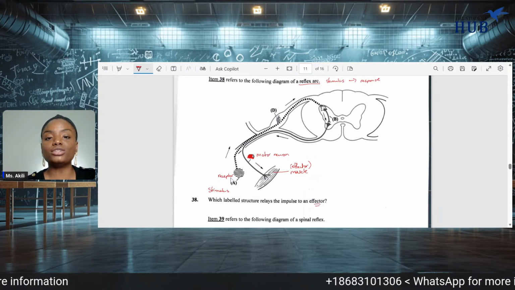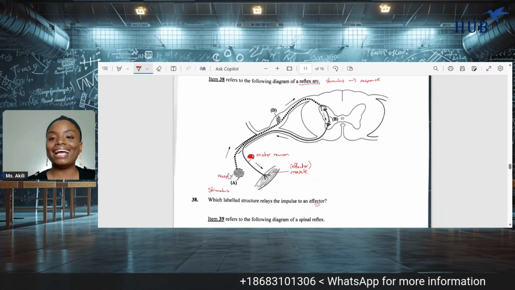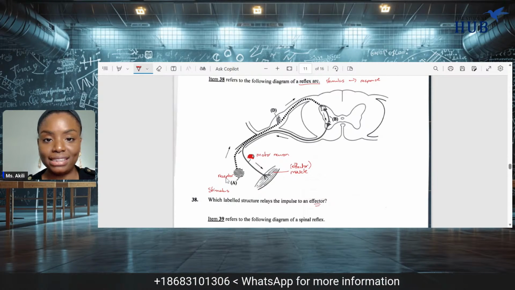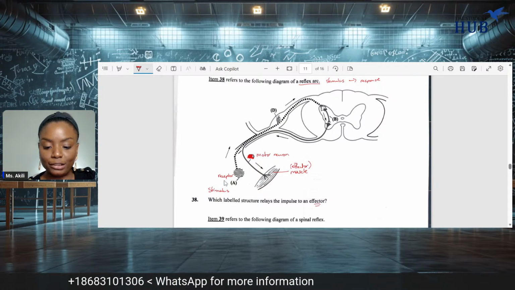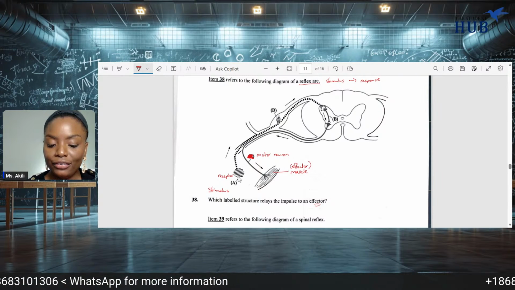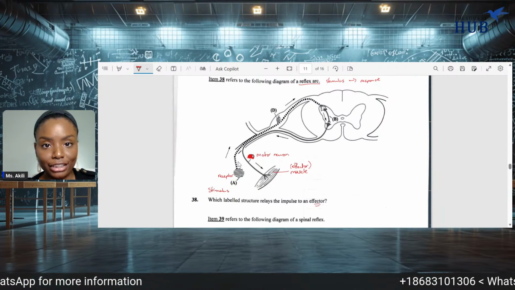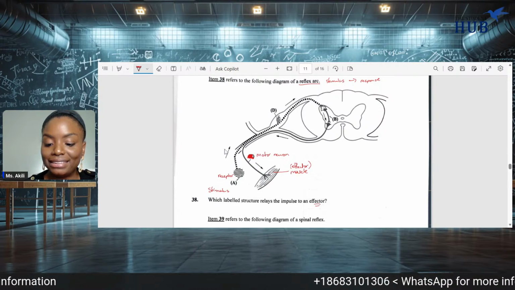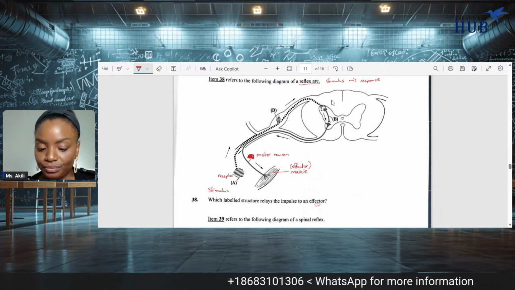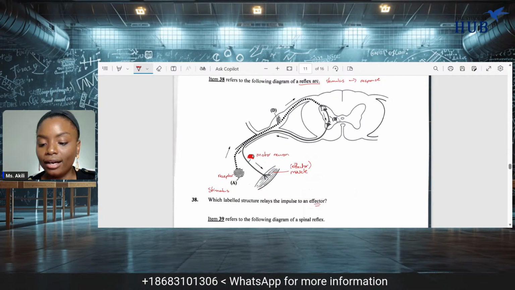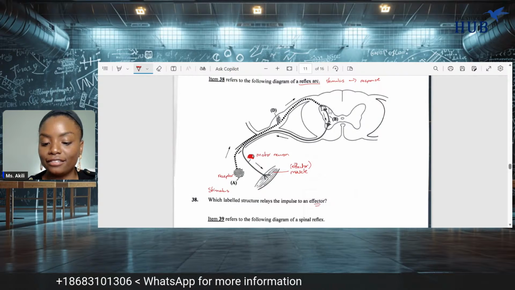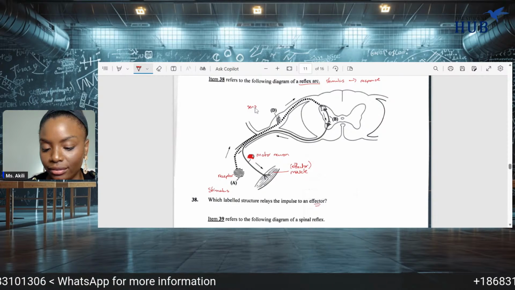The receptor is going to be able to detect the change and then send a message to your CNS, which is your brain and spinal cord. So the receptor is going to generate an electrical impulse, a message that's going to be sent to the CNS via your sensory neuron.